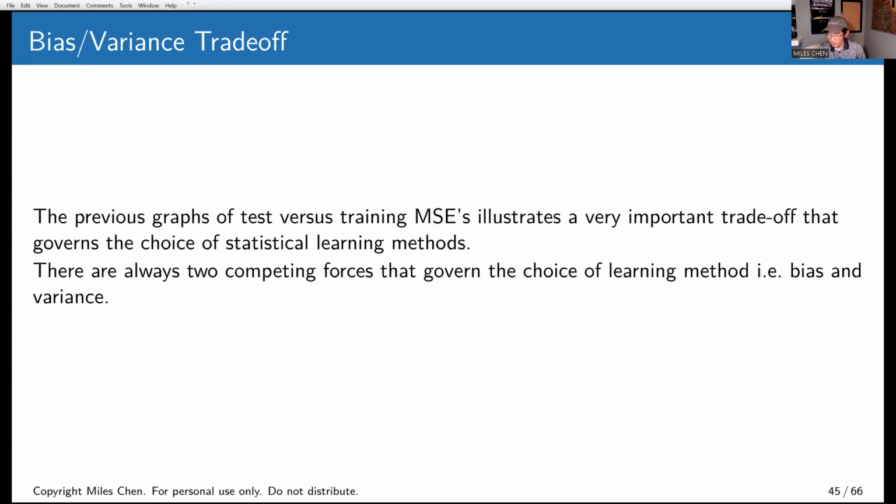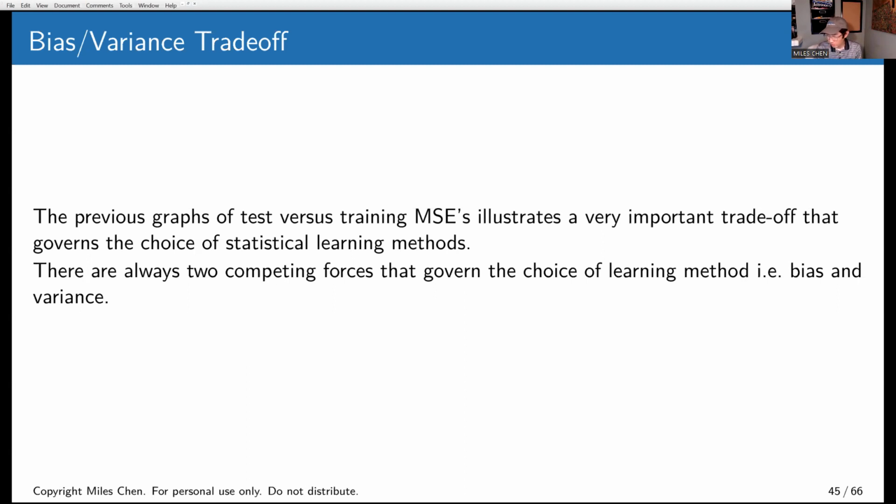This concept of more flexibility but overfitting, versus less flexibility and doing a better job, is summarized in the bias-variance trade-off.